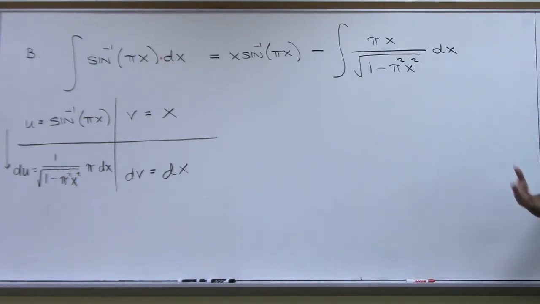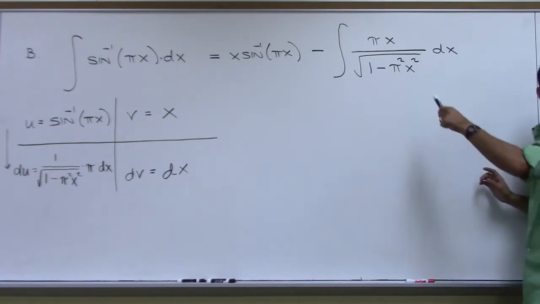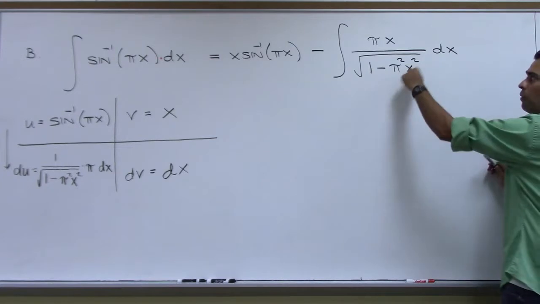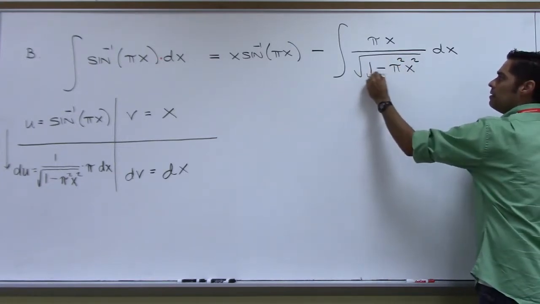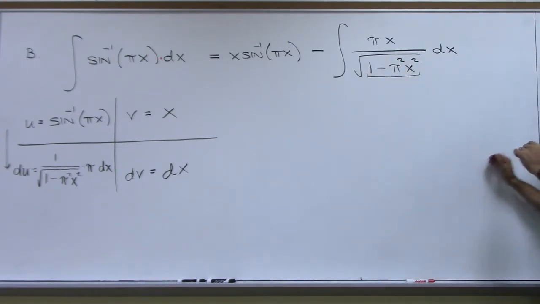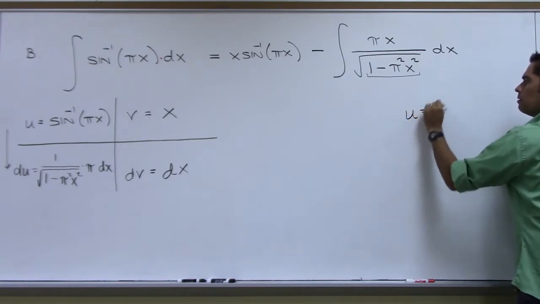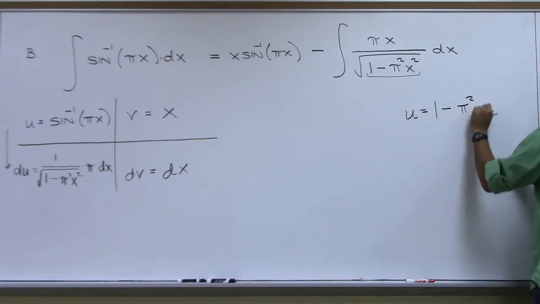Okay, so you start over with the first thing that we talked about, basic substitution. Do you see something and its derivative? The 1 minus pi squared x squared, the whole thing under here? Everything here? Call that u? Okay. 1 minus pi squared x squared.